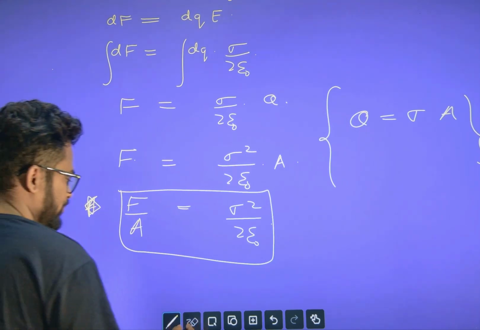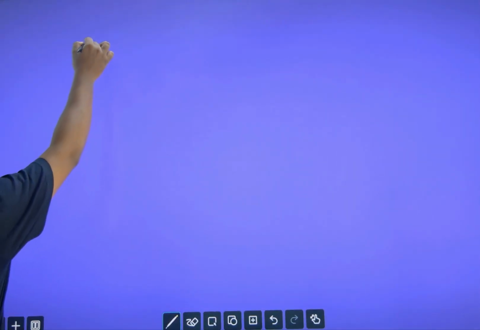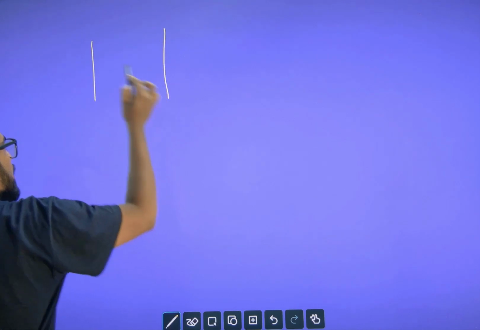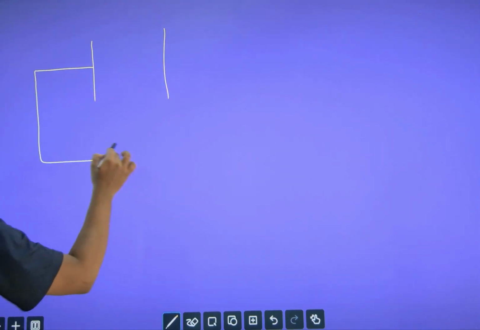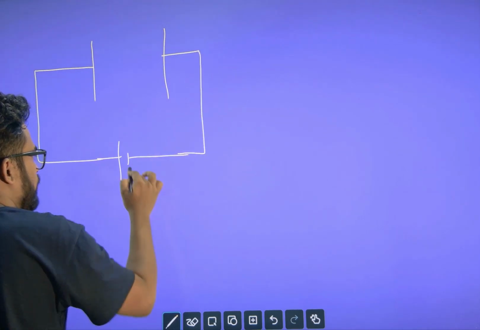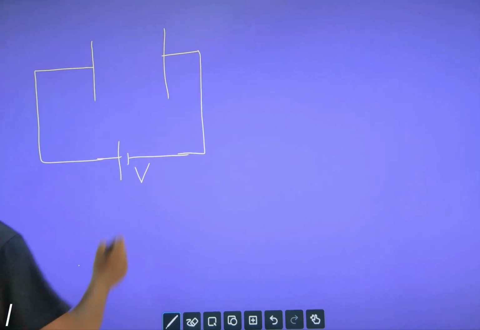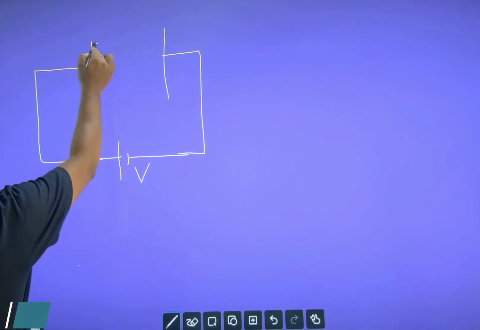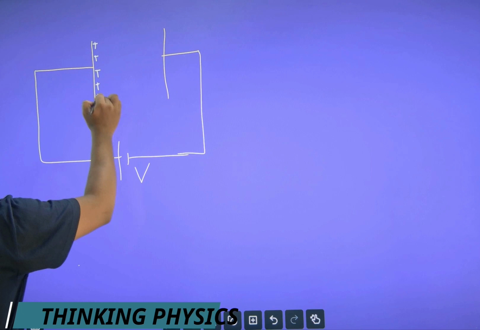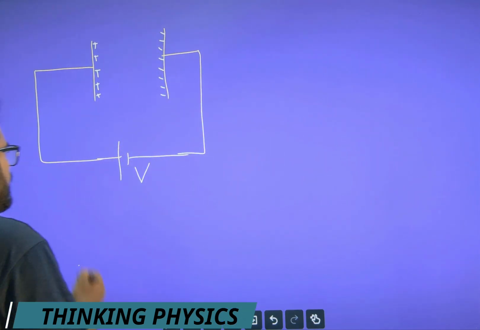Apart from these, we have a few more things. So we have connected this capacitor with a battery of voltage V. Okay. Now this battery would supply some charge, plus as well as minus.